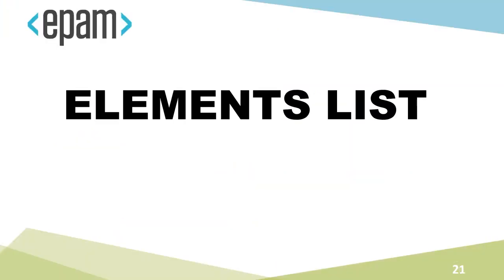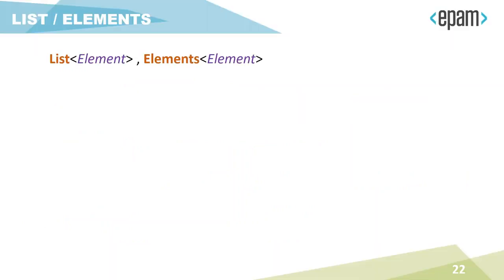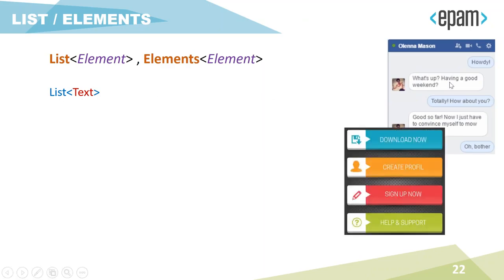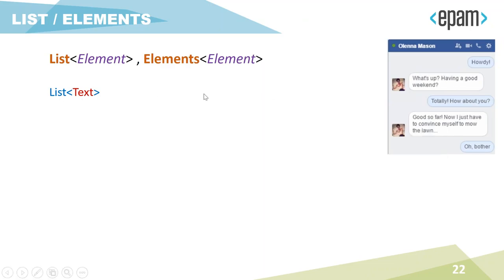Okay, let's move forward and look at the list of elements or collections. If you work with Selenium, you can find a list of web elements. In JDI, you can also find a list of any type of element. For example, here we have the chat, and we can set up an element like a list of text for this chat.